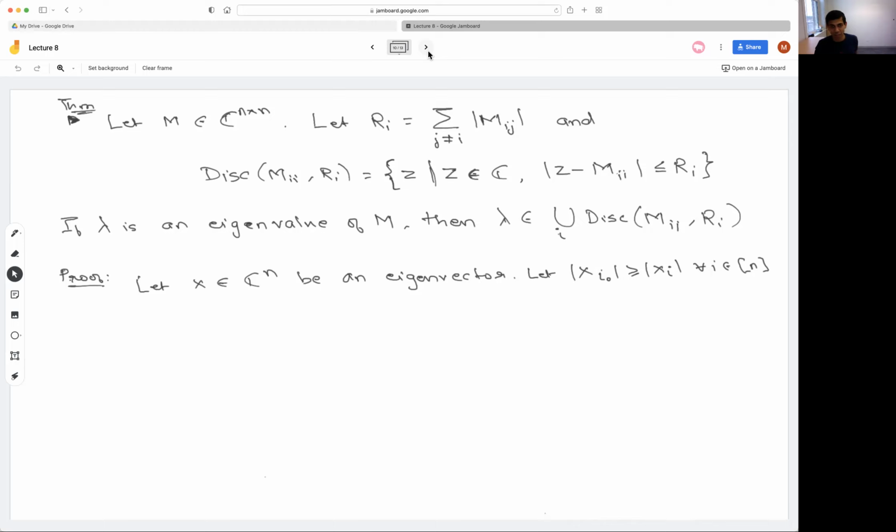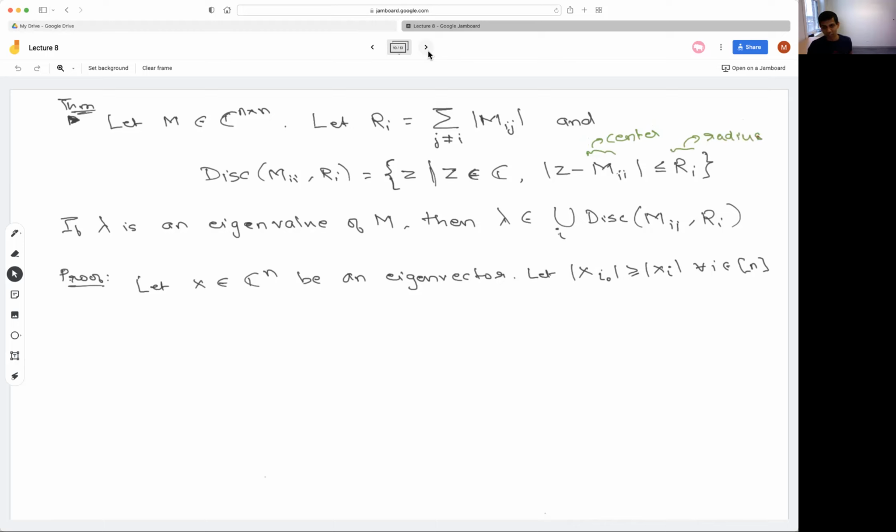So just exclude m_ii and take everything else. And let's now define the circle, which is just a circle with the center as the ith diagonal entry, and the radius as this r_i, which we just computed.